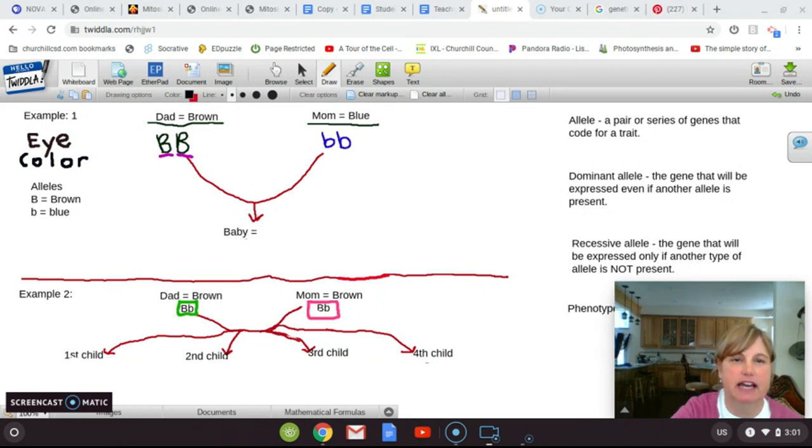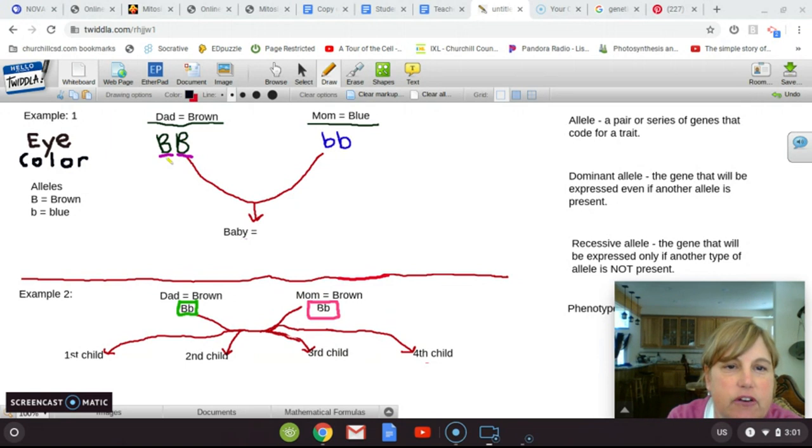So now this dad with the capital B's and this mom with the lowercase b's, they want to have a little child of their own. They want a little baby. When they have this little baby, each parent gets to donate only one allele to the offspring.